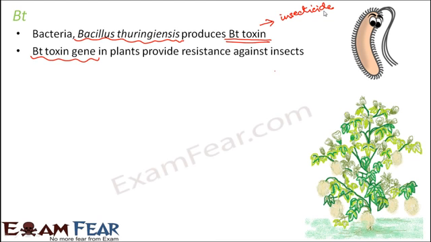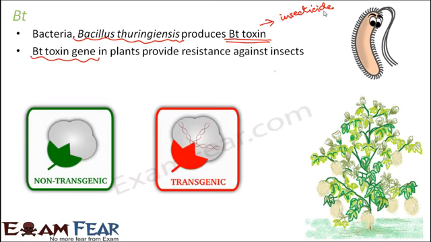In such plants which have the BT toxin gene, they do not need chemical insecticides applied externally, because they already have insecticides within themselves. There are many plants where this type of genetically modified BT version has been produced. One such example is BT cotton. This is the normal cotton and this is the BT cotton. BT cotton is transgenic because it is genetically modified.